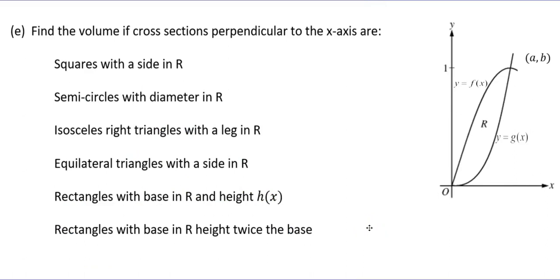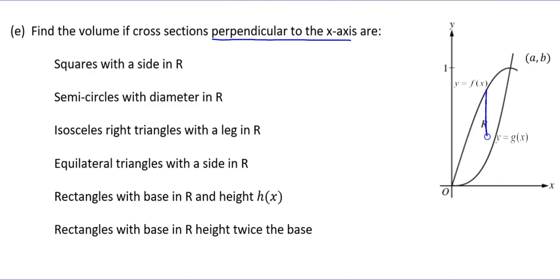Now, in most cases, they are not going to give you the area formula. You will need to figure out the area formula on your own. So, for part E, it says that we want to find the volume if cross-sections perpendicular to the x-axis again. So I can tell that we can go top minus bottom. And then they give me what shape we're using, okay?